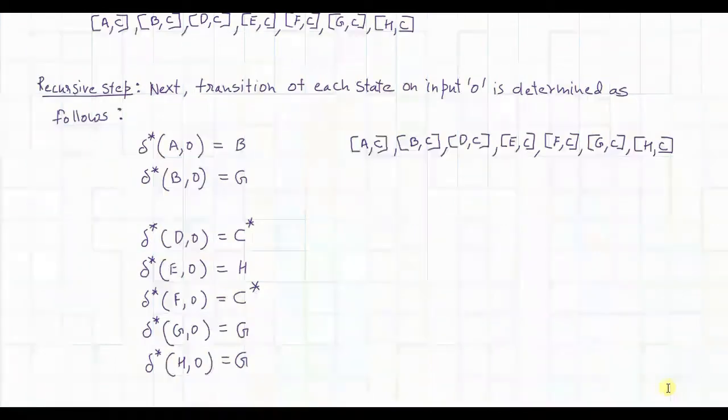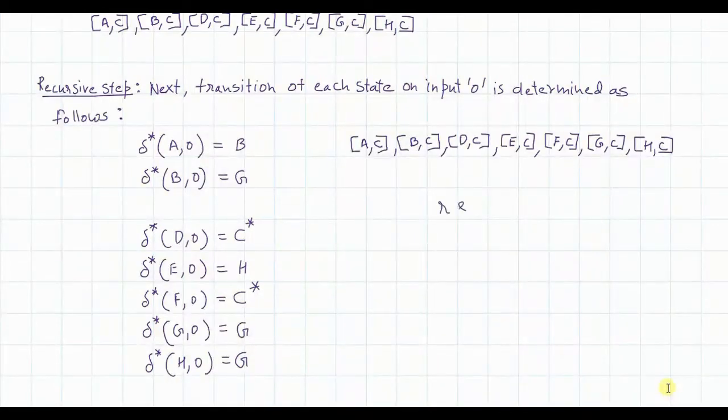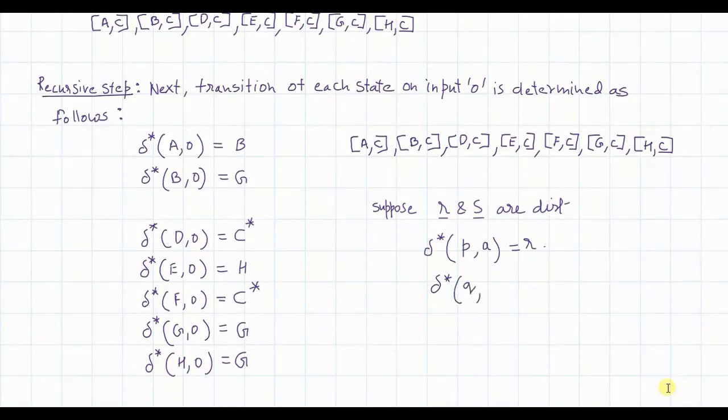We already have seen a rule wherein, suppose we know that R and S are distinguishable, and we have a transition, for example del star of some P on reading some input symbol A gives you R, del star of some Q on reading the same input A gives you S. Since R and S are distinguishable, this rule says that P and Q are also distinguishable.